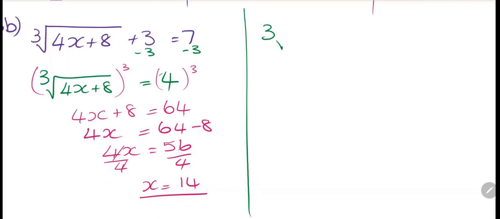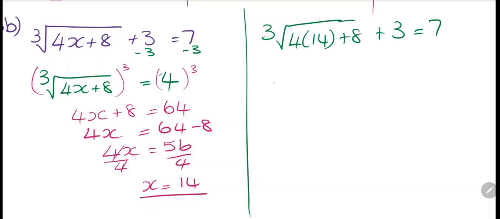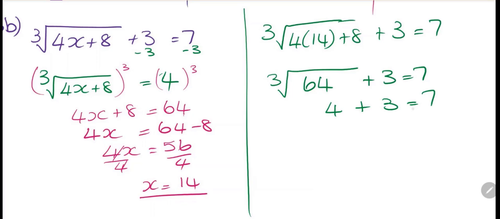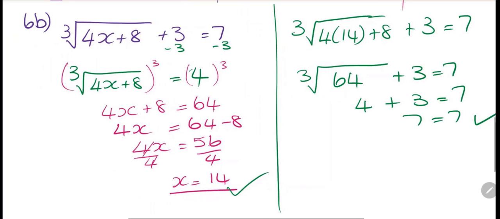So we have the cubed root of 4 times 14 plus 8 plus 3 equals 7. So if we look at 4 times 14, so this will leave us with 4 times 14 plus 8 is 64. And if we take the cubed root, that'll be 4. So 4 plus 3 is 7, which is correct. So we know that our solution is correct.